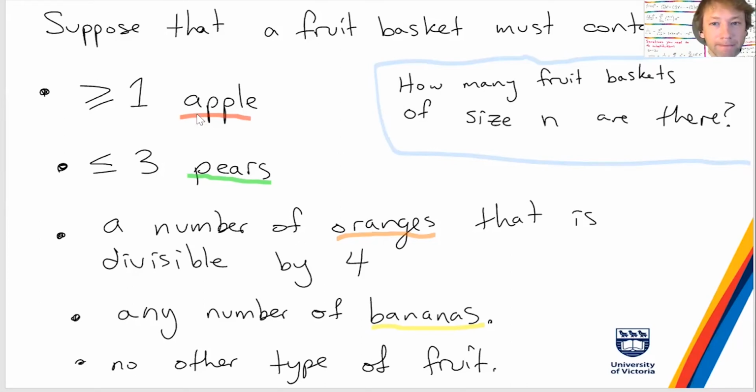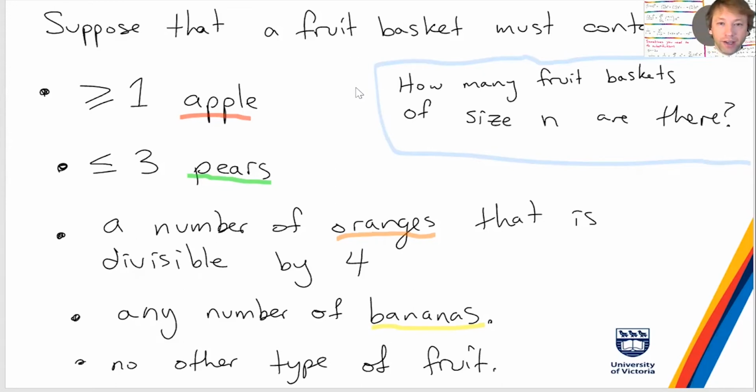So suppose that a fruit basket must contain at least one apple, and a number of oranges which is divisible by 4. And it can contain any number of bananas. So it can be 0 bananas, 1 banana, 2 bananas, however many bananas you want, and no other type of fruit.